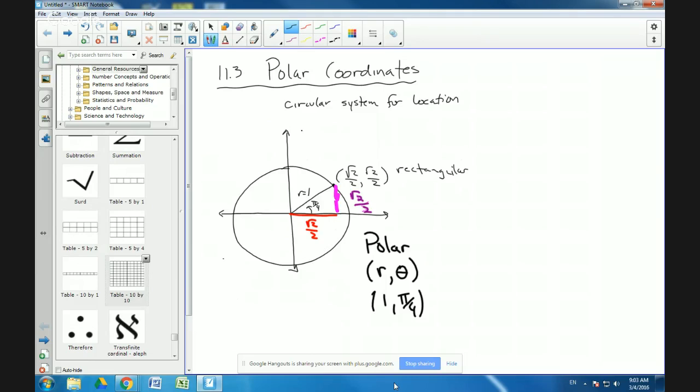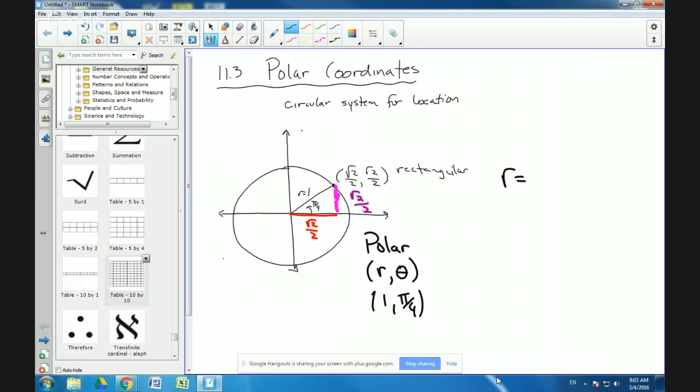We can also transfer between the two. How can I calculate the radius, r, based on the x and the y value?